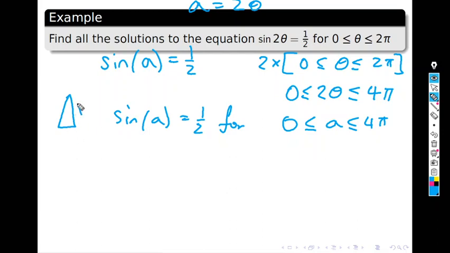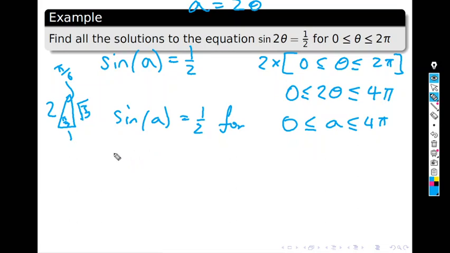Now we actually did something really similar to this example very recently. We need our special triangle: root 3, 1, 2, and we're doing radians here, so we get pi on 3, and this one is pi on 6.